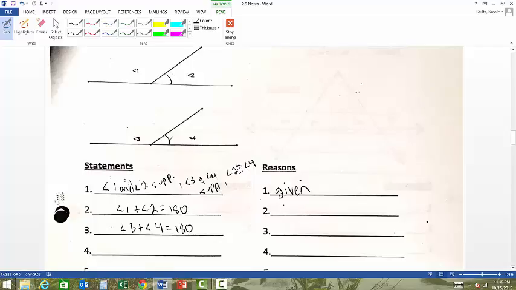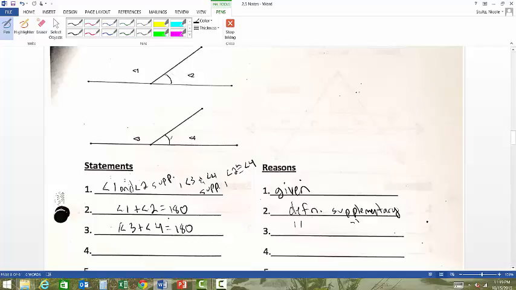And our reasoning for that, the reason we know they add to make 180 is because we know what the definition of supplementary is. So you want to write definition of supplementary. And since it's the same reason below, let's put quotations.